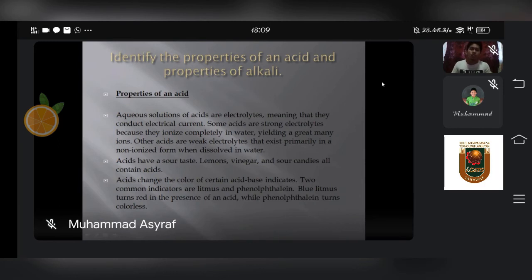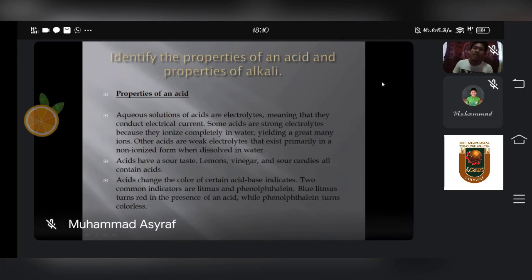Some acids are strong electrolytes because they ionize completely in water, yielding a great many ions. Other acids are weak electrolytes that exist primarily in a non-ionized form when dissolved in water.